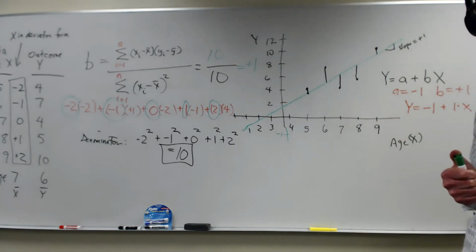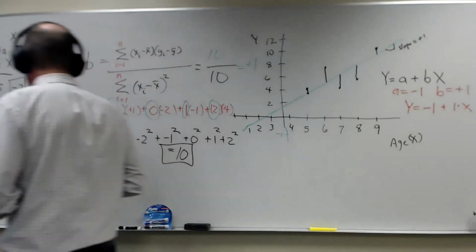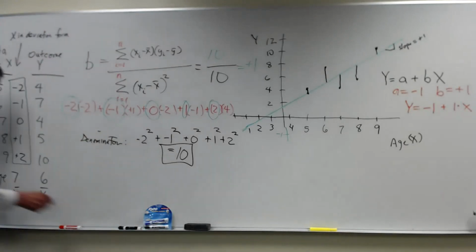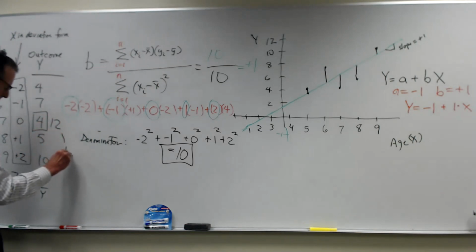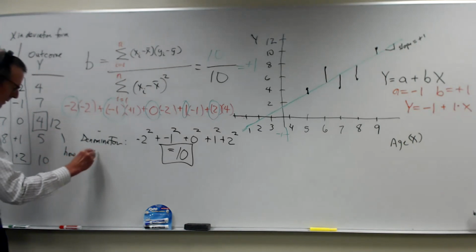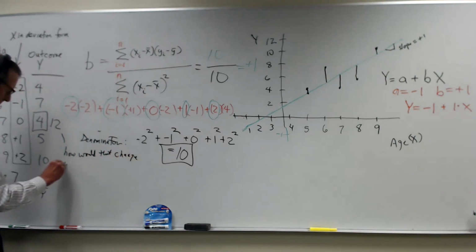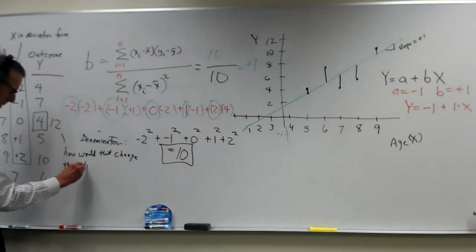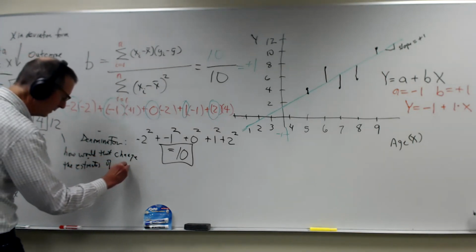Okay, so let me put you to work in breakout groups for just a few minutes. Suppose instead of 4, you had a value of 12. And the question is, how would that change the estimates of A and B?